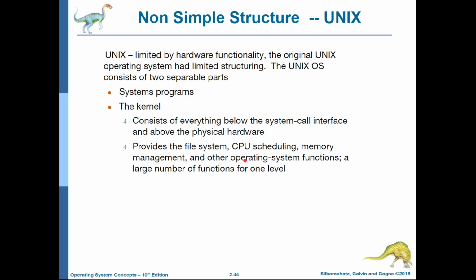And usually it did this all in one layer, but it prevented the actual user space or system programs from doing anything that the kernel did, owing to the separation between user space and kernel space.